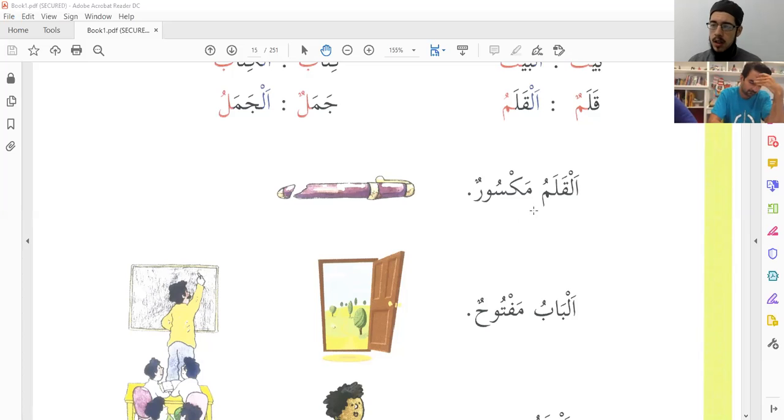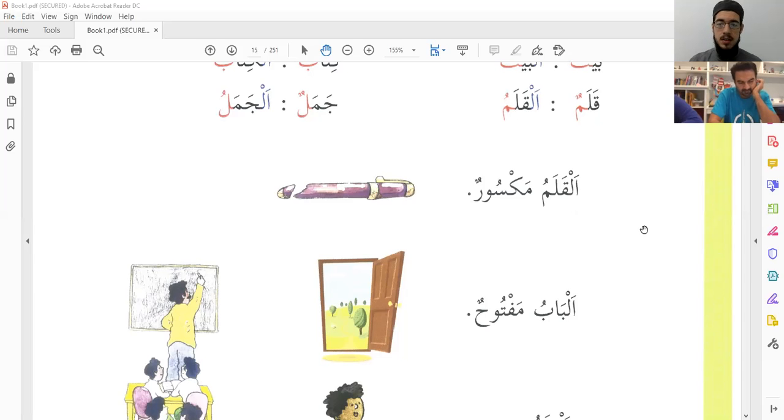But the most important thing that we pointed out was that if you add alif lam, the tanween has to go away. It's like a seesaw. If the tanween is there, alif lam cannot be there. Maksurun. If alif lam is there, the tanween goes away and leaves behind only one haraka, in this case, dhamma. Al-qalamu.